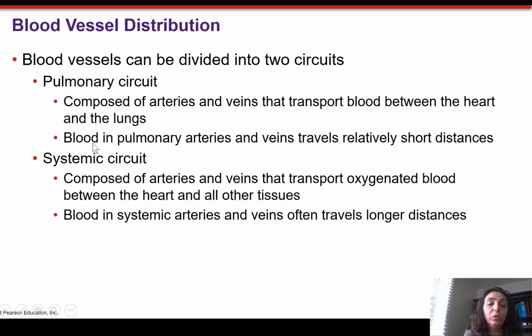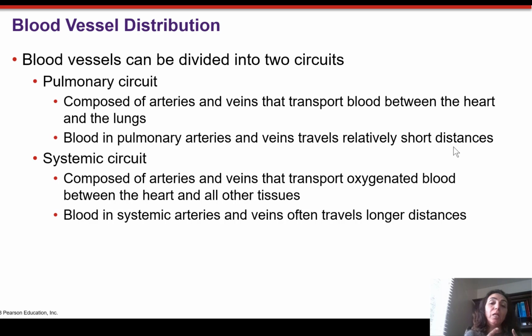That's the job of the pulmonary circuit, right? Blood in the pulmonary arteries and veins travels a relatively short distance because it just goes between the heart and lungs. It doesn't go from the heart all the way to the end of the digits in the lower or upper extremity. It goes a very short distance.